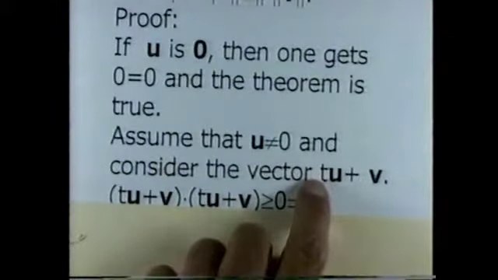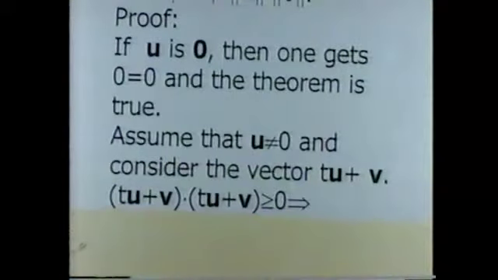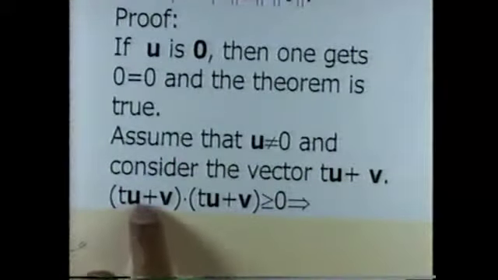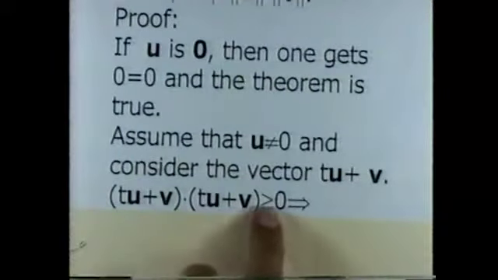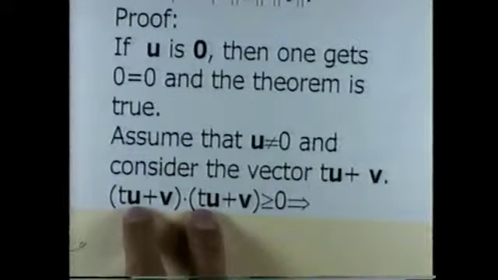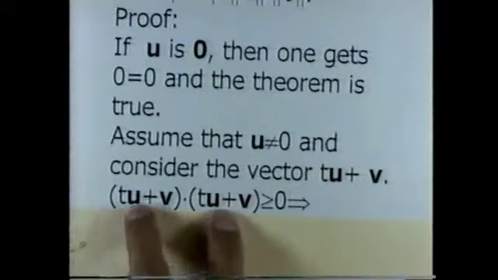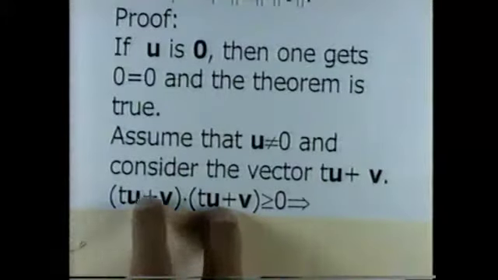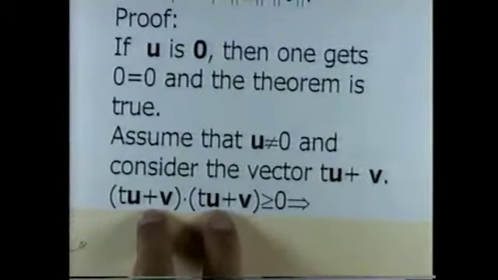So we'll assume also that t is not 0. t is a non-zero real number. Now we know that tu plus v dot tu plus v is positive, because it would be the magnitude of tu plus v quantity squared. So that's going to be positive.